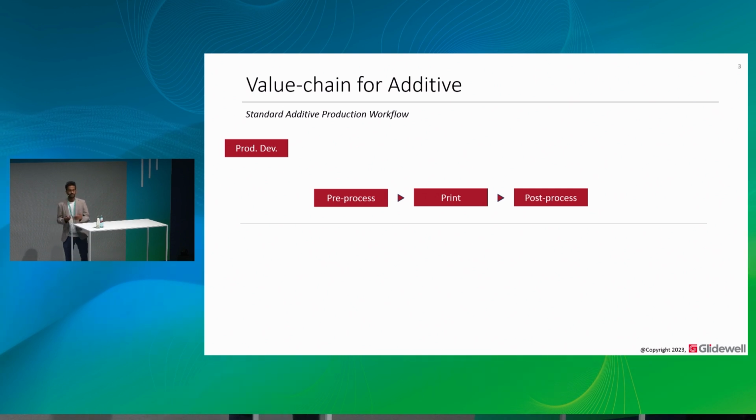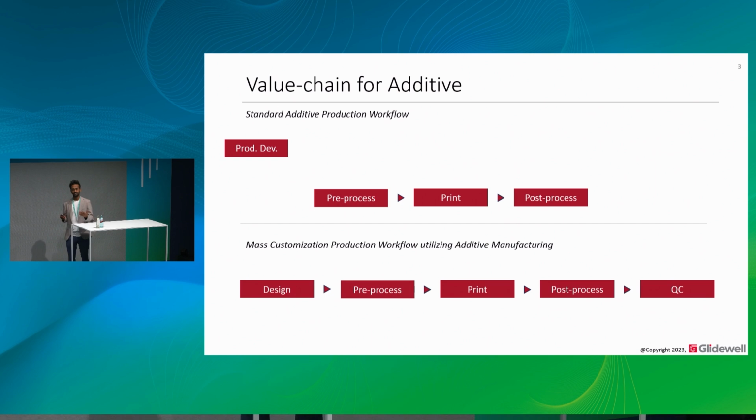When you do things at scale, the value chain looks a bit different from the way we see it. That first design step is really crucial because, of course, there's a product development piece that happens before any of this is set up in place, but with mass customization, everything is custom. So there is a design step that is part of the flow of every single part that you produce.